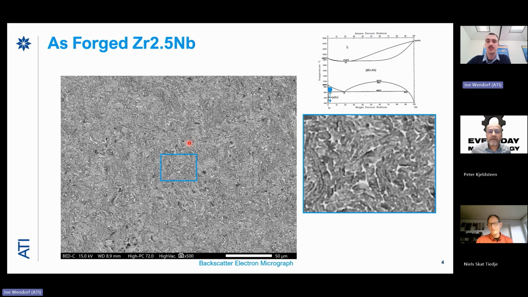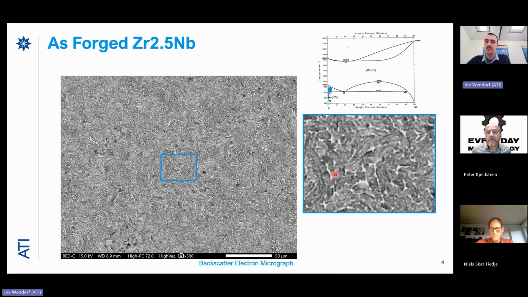This is an as-forged microstructure. We melt this alloy into an ingot, and then we do some processing. If you do forging in this triangle of the phase diagram, and then air cool, you get this microstructure. This really shows the alpha and then the 20% niobium beta phase.